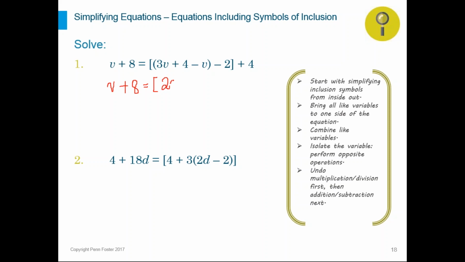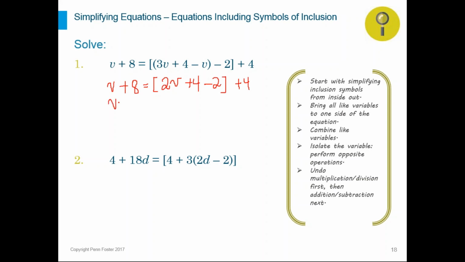And plus 4 stays the same, nothing to combine that with. I'm done with my parentheses. Now I can just delete them and not write them anymore because I have evaluated whatever was inside those parentheses. I simplified that. And then I have a minus 2, close the brackets, and I still have a plus 4 at the outside.